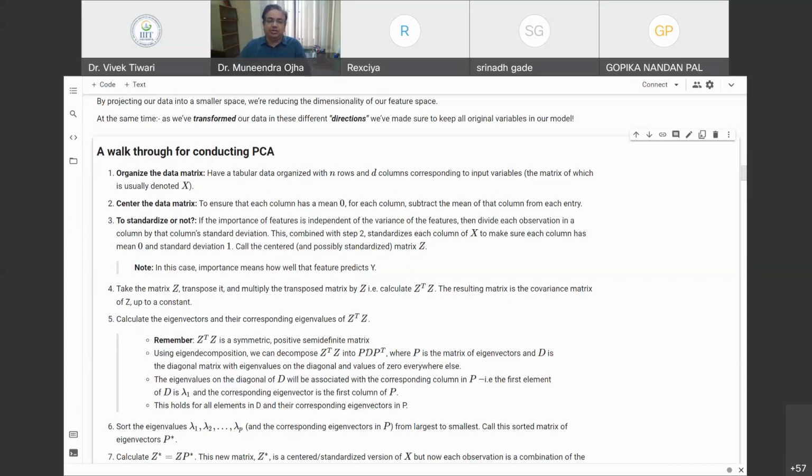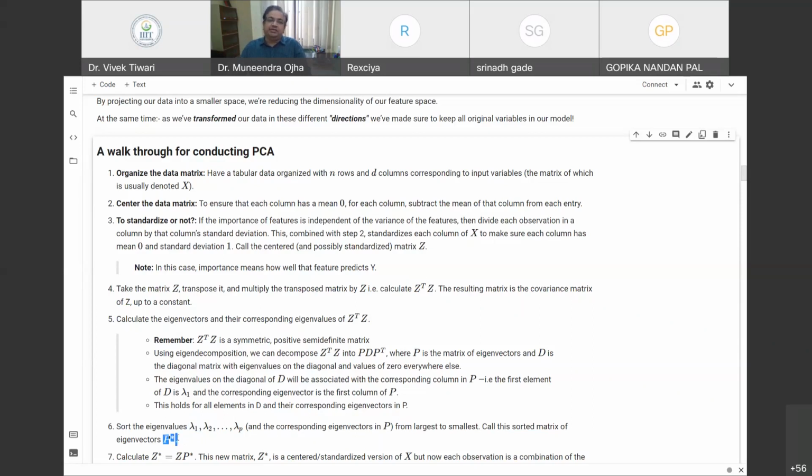So this P is also sorted in the order of decreasing magnitude of eigenvalues. We call this special type of P as P star. The columns of P are sorted because every column corresponds to an eigenvalue.